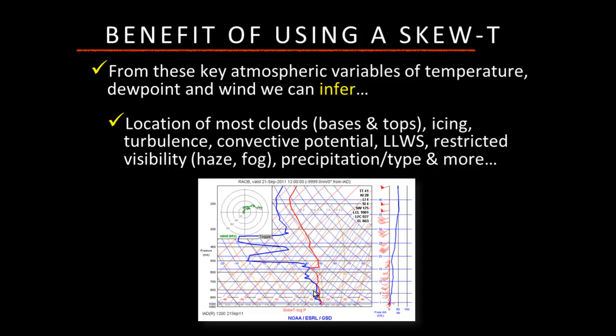We can look at the location of clouds, the bases and tops, icing potential, turbulence, convective potential, low-level wind shear, visibility, haze and fog, precipitation type, a whole lot more. We're not going to be able to talk about all these topics in this particular program, but we're going to touch on a few of them.